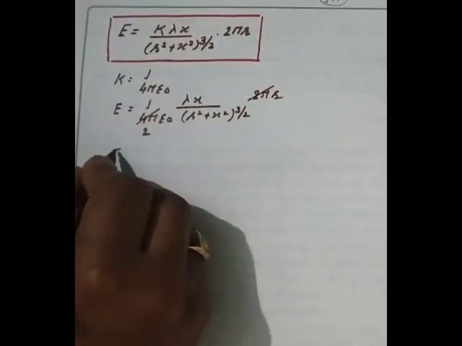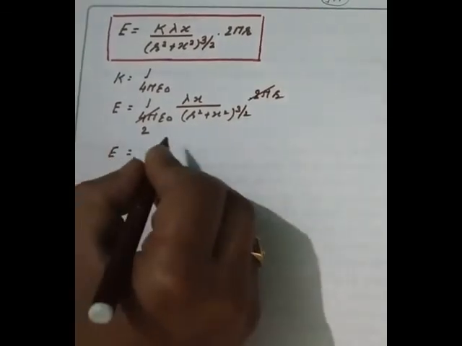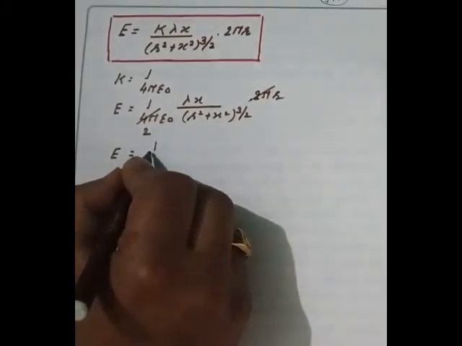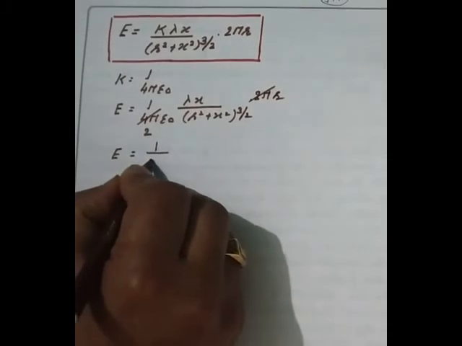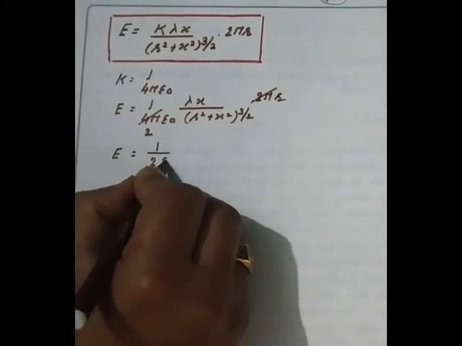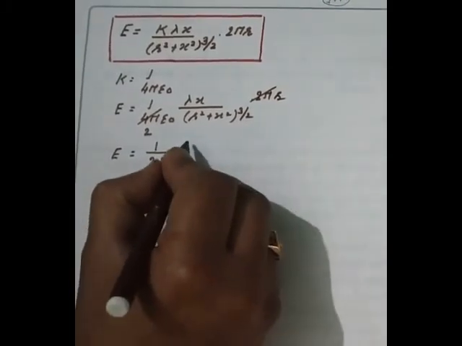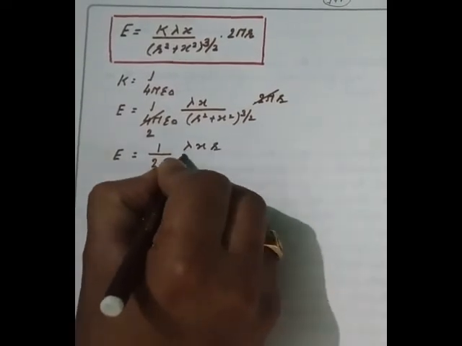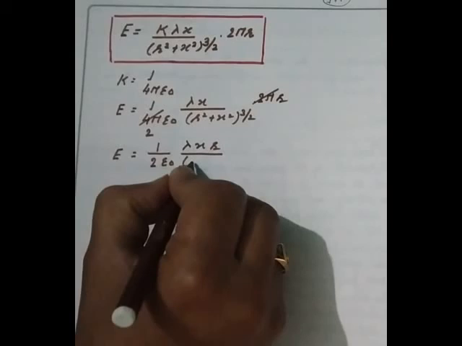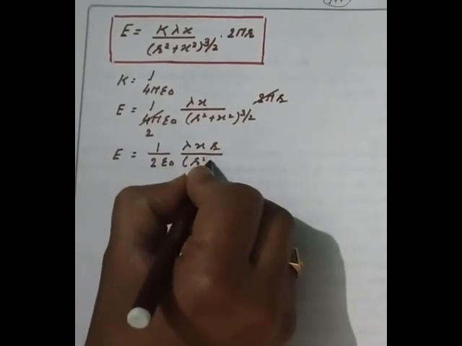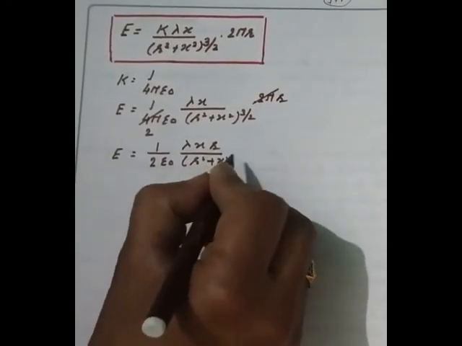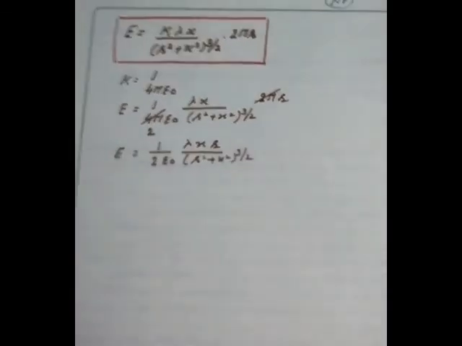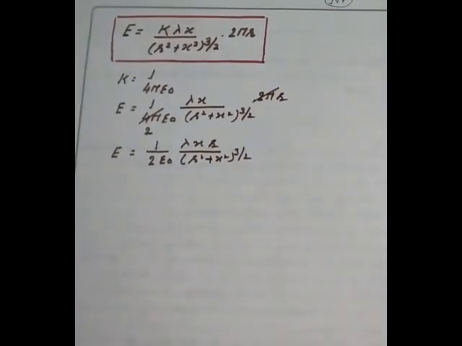So electric field E equals 1 upon 2 epsilon naught lambda x r upon r square plus x square 3 by 2.